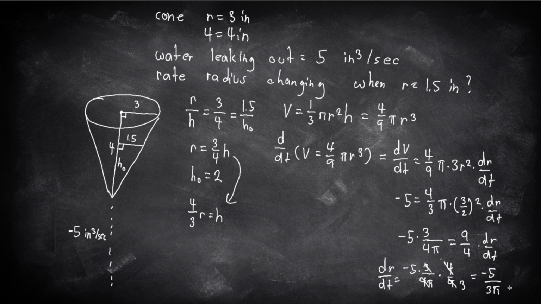And the units for this are inches per second, because the radius is in inches and time is in seconds. So the radius is changing at a rate of -5 over 3 pi, which makes sense because the radius is decreasing.